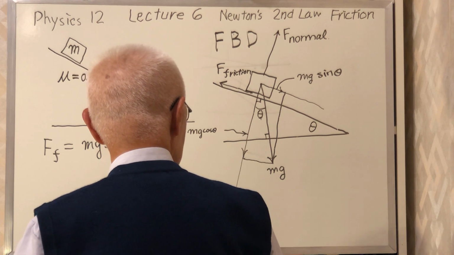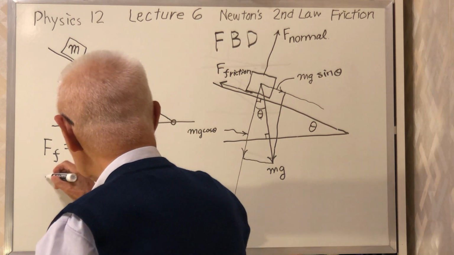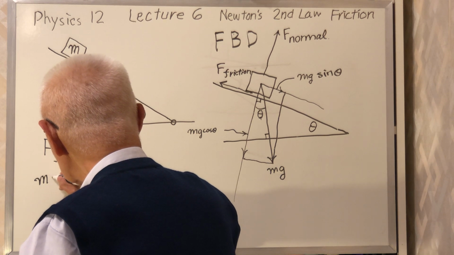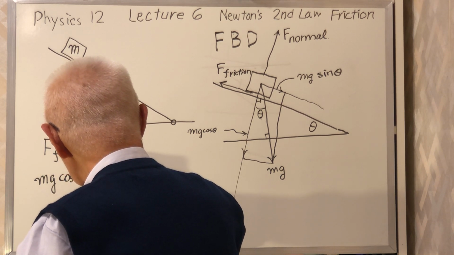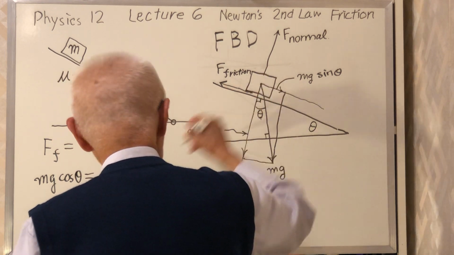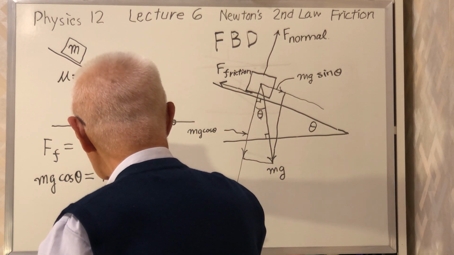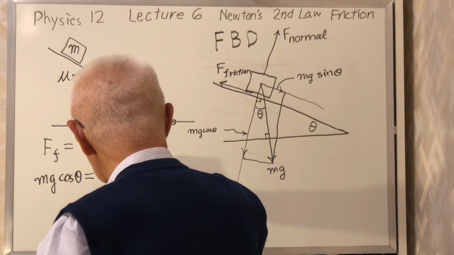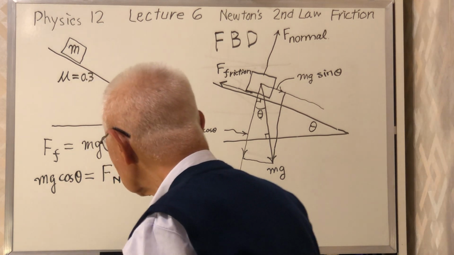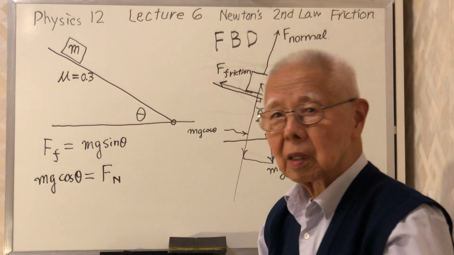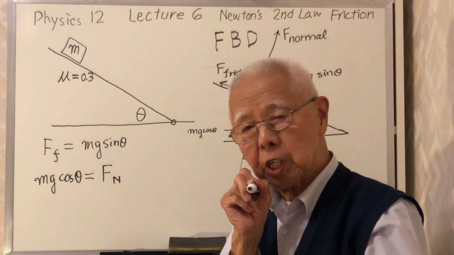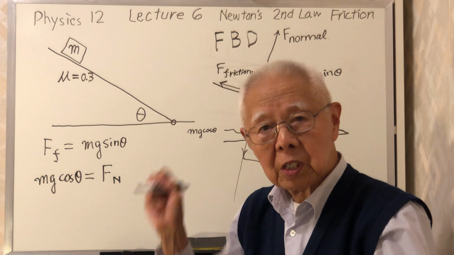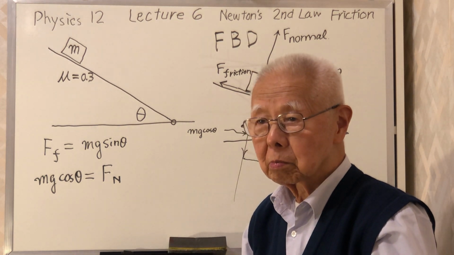And mg cosine theta is equal to the normal force. There is also a relation between the friction force and the normal force.